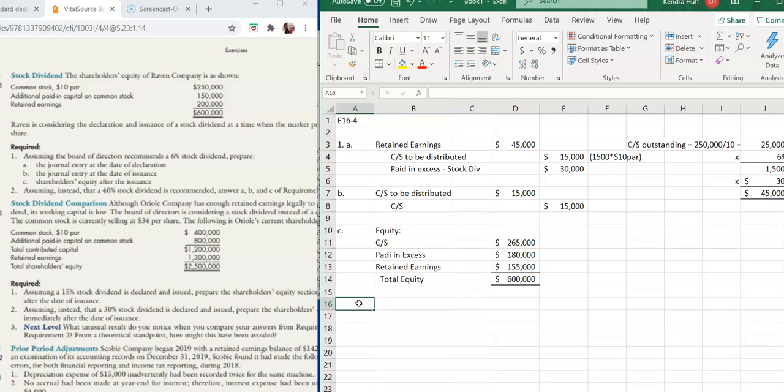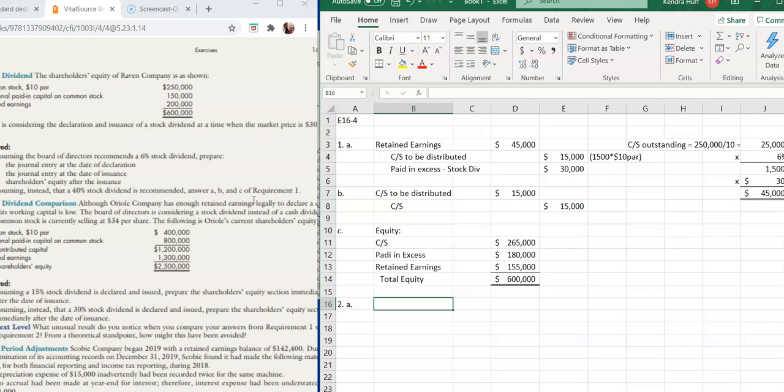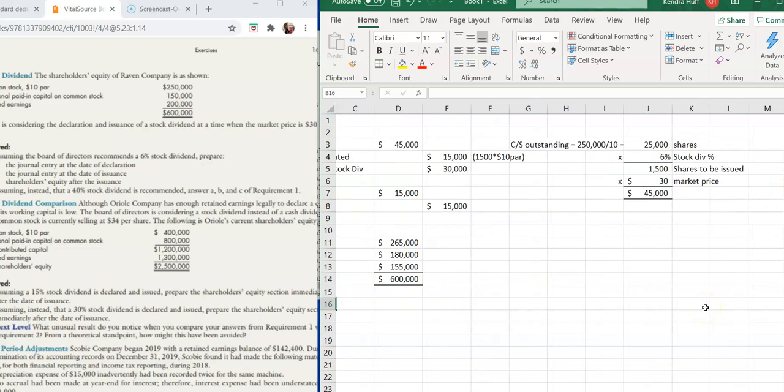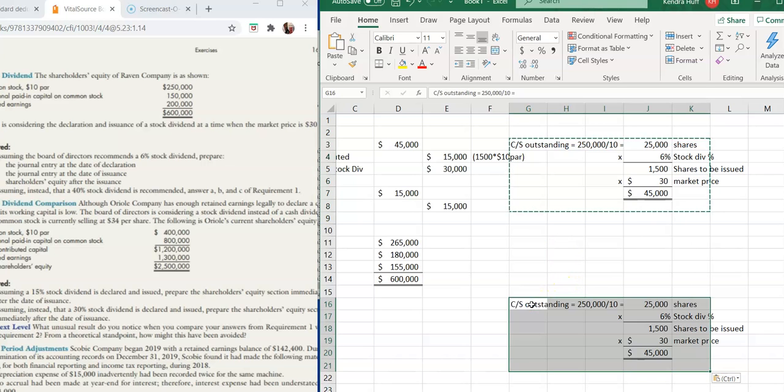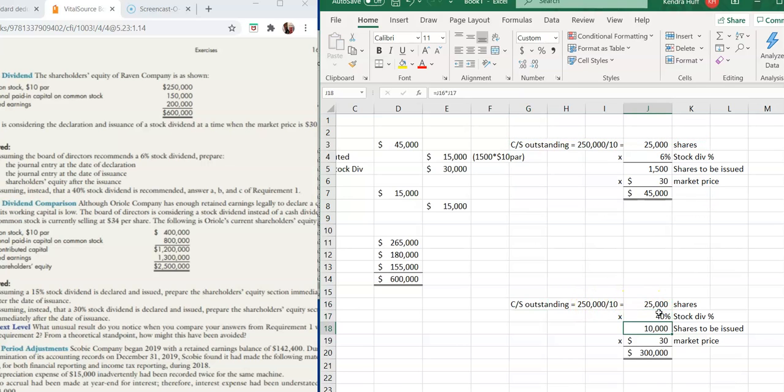All right, so 2, they want the same thing. All right, but in 2, they're assuming a 40% stock dividend. All right, so I have all the same stuff. But it's going to be 40%.